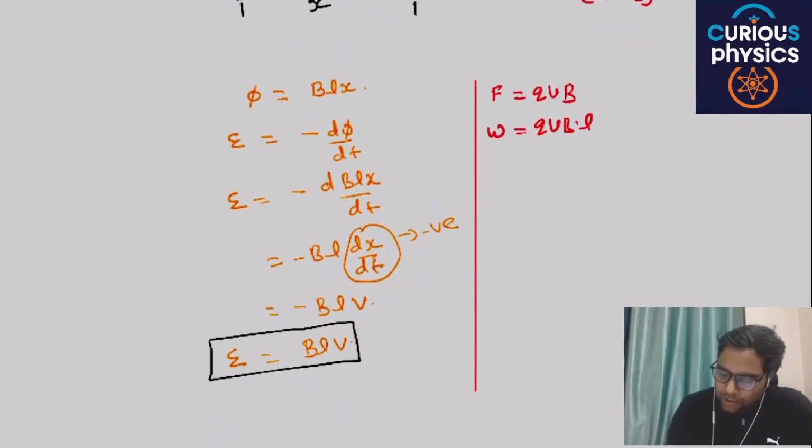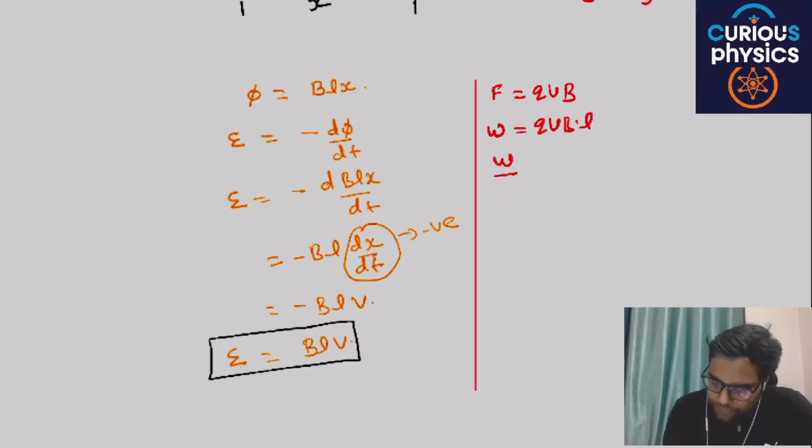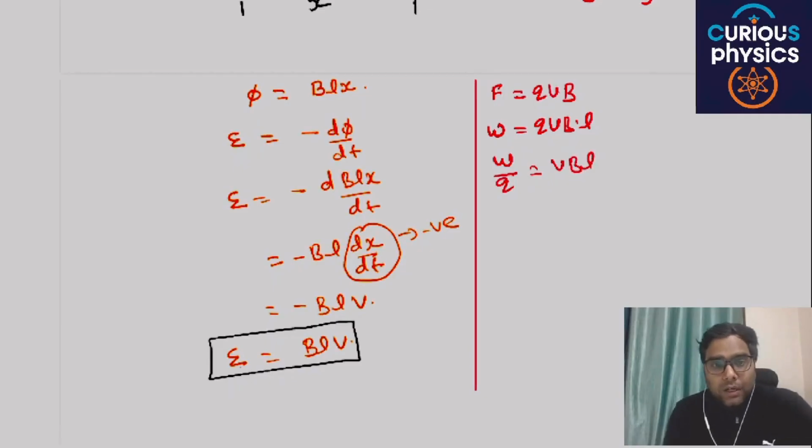Then work done per unit charge will be VBL. Here V is velocity, and work done per unit charge we have discussed in the second chapter of this book.